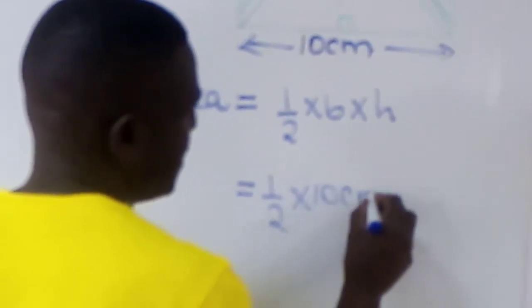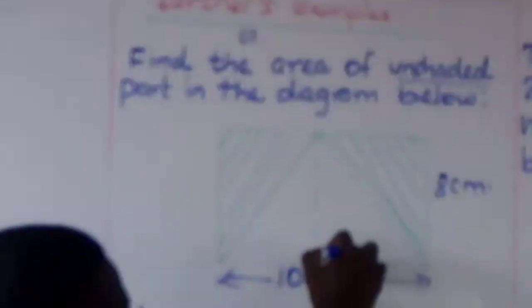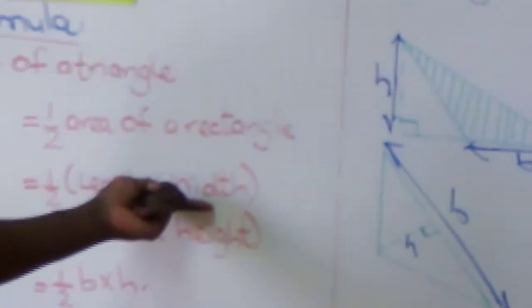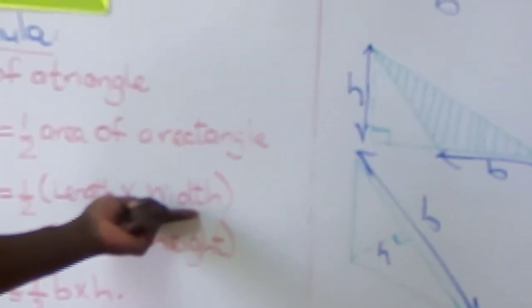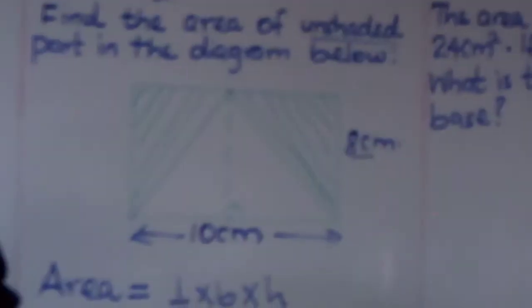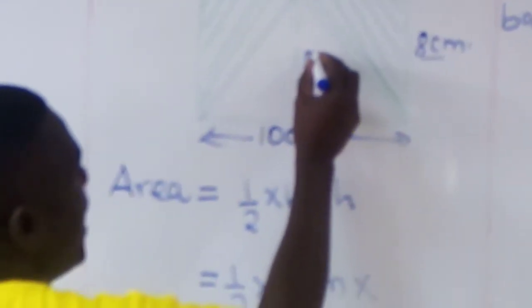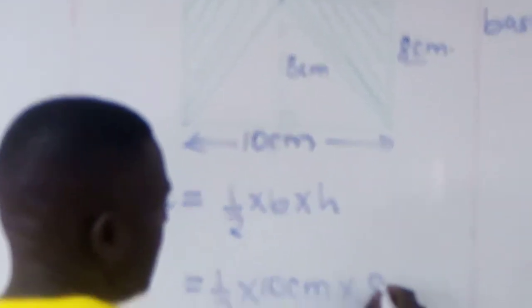Height is this one, that one in the middle. But remember, we said the width of the rectangle becomes the height of the triangle. And so this width, which is 8 centimeters, becomes the height of that triangle. So the height here would be 8 centimeters.